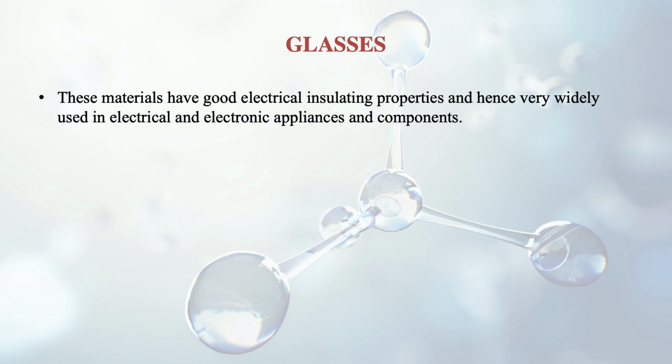At the same time we require strength also, so that it is not broken easily by any foreign thing. For this reason it has become indispensable, as I have stated, in automobiles and also in house window glazing. And these glasses have very good electrical insulating properties also, hence they can be used in electrical and electronic appliances and components as well.